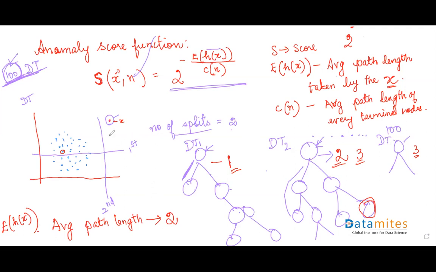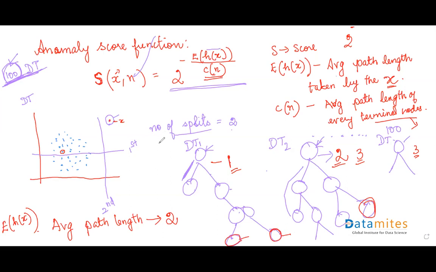And this C of n is the average path length of every terminal node, of all terminal nodes. What is a terminal node? Here if you see, each point is isolated, right? This is a terminal node. This is a terminal node. So how many terminal nodes will we have?